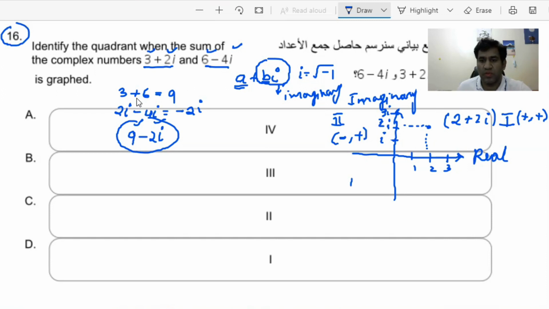The third quadrant is where both are negative. The fourth quadrant is where the real number is positive and the imaginary number is negative. That corresponds to quadrant 4, so A is the right answer here.